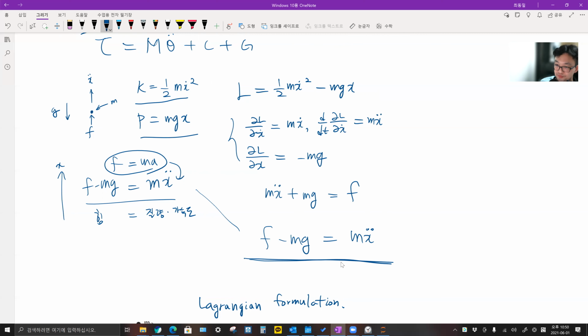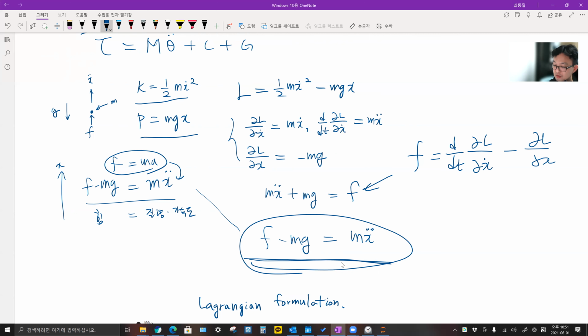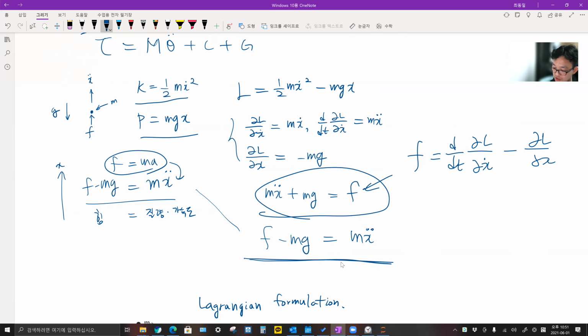So d/dt of the partial derivative with respect to x dot, minus the partial derivative with respect to x, becomes like this. So this one becomes the inverse dynamics equation, and this becomes the forward dynamics equation.